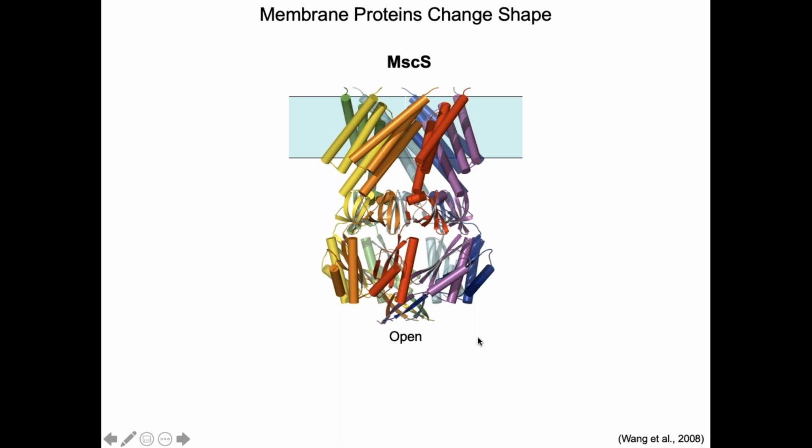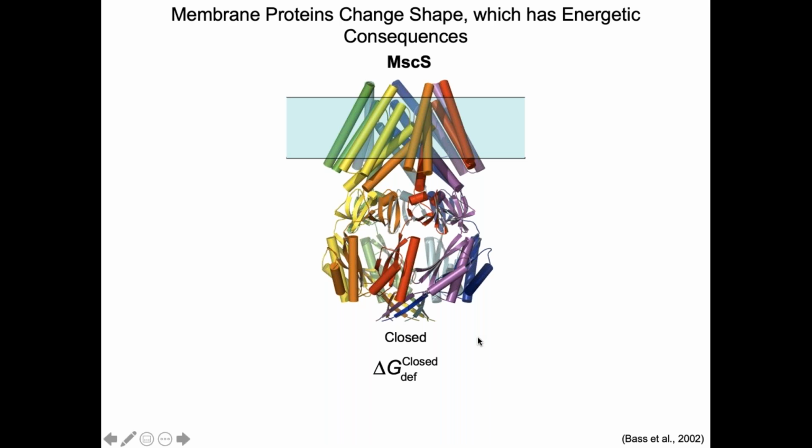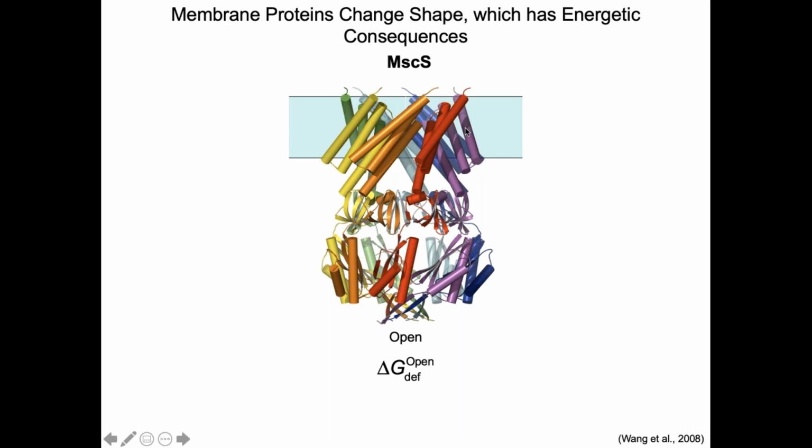Unfortunately, I don't show the bilayer with the same resolution as in the GltPh structure. The important point here is that as they go between the closed and open structures, the lipids are going to organize differently in this structure than in this structure here.